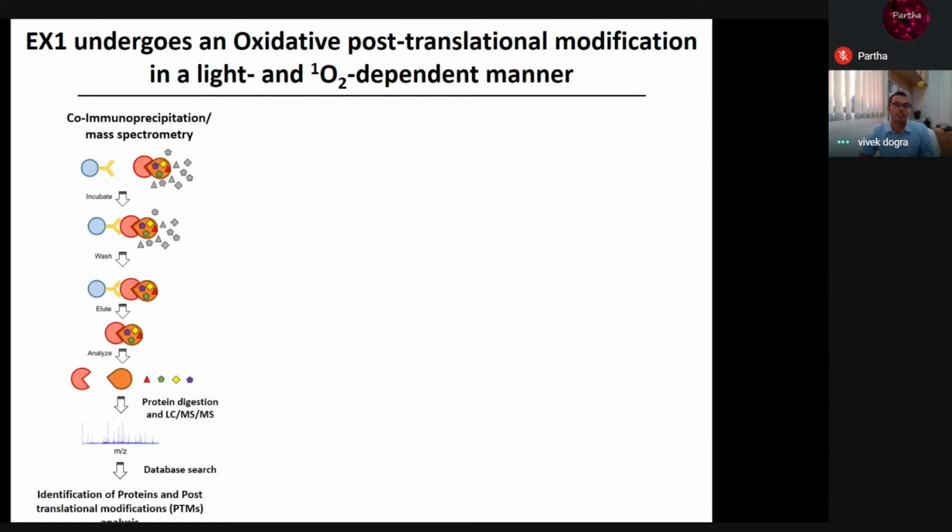Again, we know that if EX1 is sensing the ROS, it should undergo oxidation by itself. So we then tried to find the oxidations in the EX1 protein. We did the same co-immunoprecipitation assay, and we used mass spectrometry and then post-translational modification analysis.